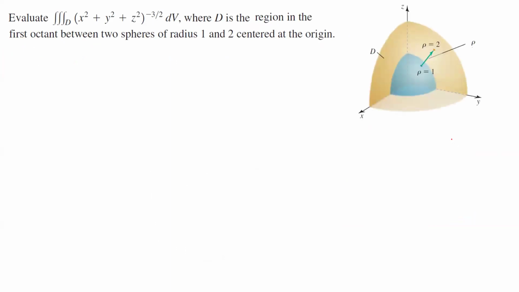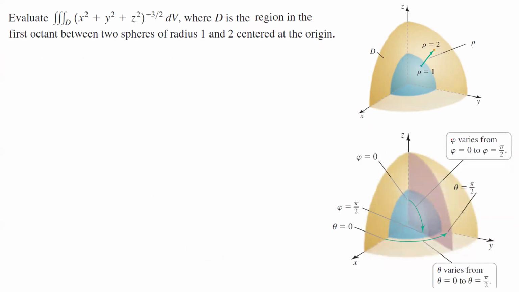So this is our object that we are looking at. This is our D. And as we mentioned before, this is in the first octant. In the XY plane, the rotation is from the positive part of the x-axis and it stops at the positive part of the y-axis. It doesn't go further.